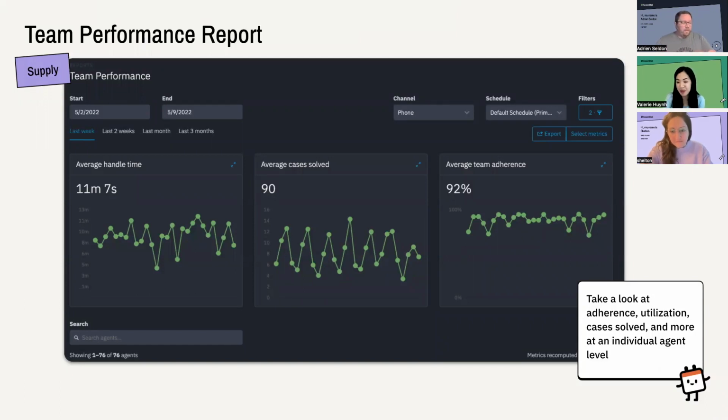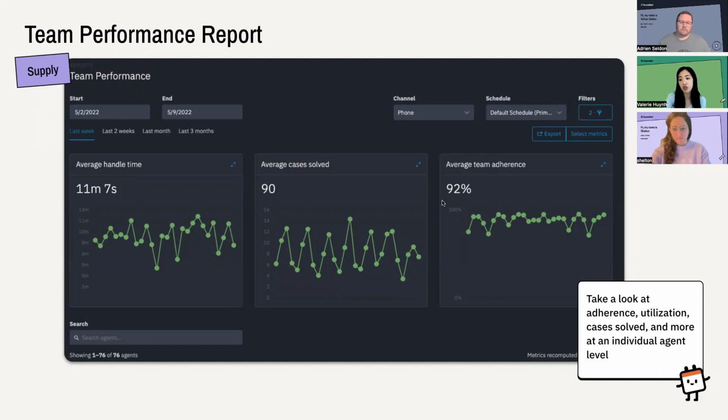Within Assembled, there's a couple of handy dandy reports that you can look at to really diagnose SLA. This first one, which might look familiar to a number of you, is the team performance report. This was actually renamed from the agent performance report. And this is really representative of the supply side framework that Adrian went over.